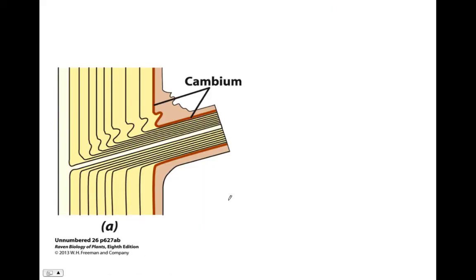Let's look at a diagram of how this works. So here is our cambium in orange, and you can see that at this point in time this is a living branch, and it is continuous with the cambium of the roots and the shoot up above.